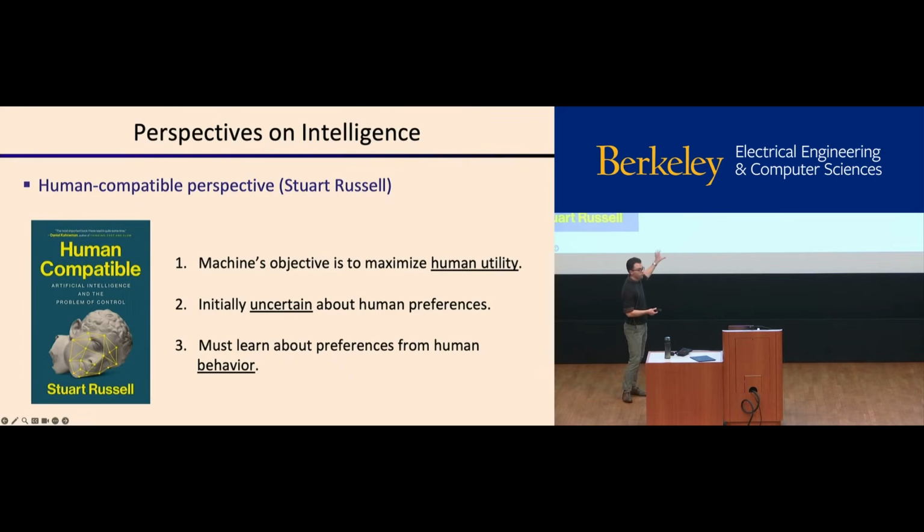So this is one way that you could go about trying to fix that problem, because the robot, by being shut off, will learn something more about what it was that you really wanted, and it will be less misinformed about what it thought that you wanted. And so it gets this nice teaching behavior, and it's conservative under uncertainty, and a lot of other nice properties. So there's more to say on this perspective, but it's an important perspective that I want to bring up.